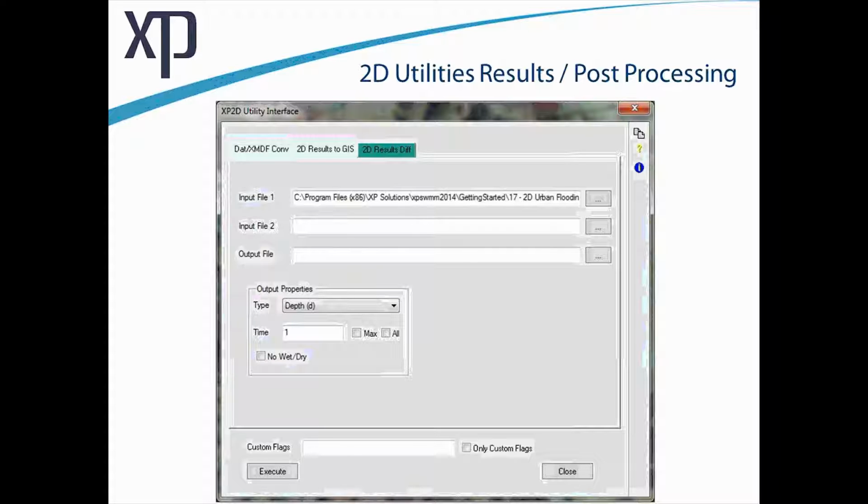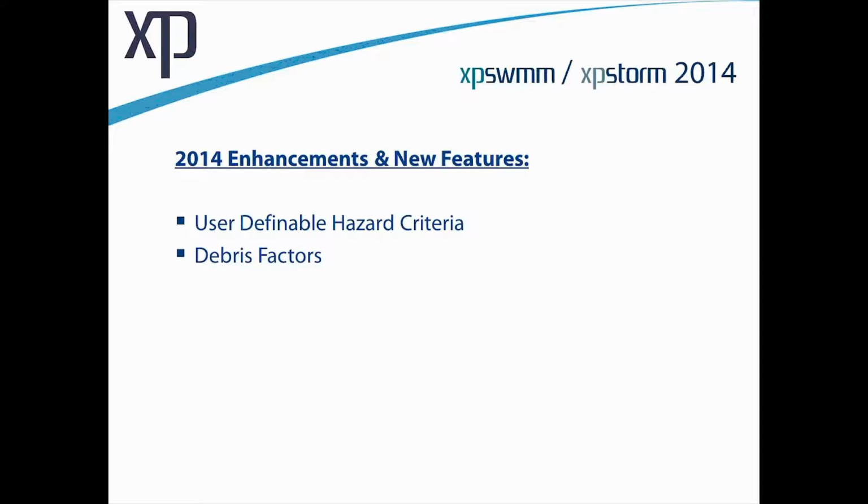So these options just allow you to more quickly and easily analyze some of your 2D modeling results, and also bring some of the post-processing that you may have needed to use other software packages for previously to within the XPSWM interface. We'll have a quick look in the software just after I've looked at a final feature.